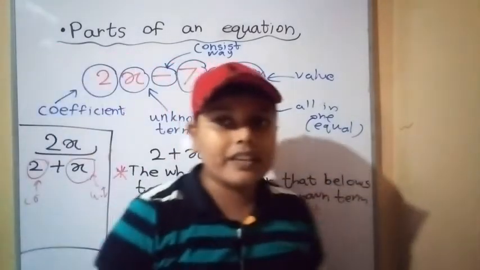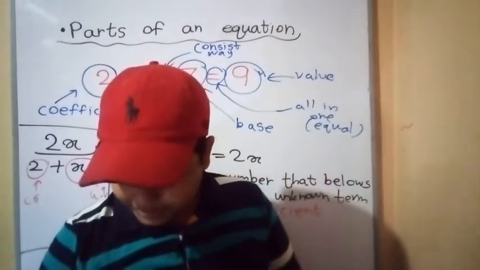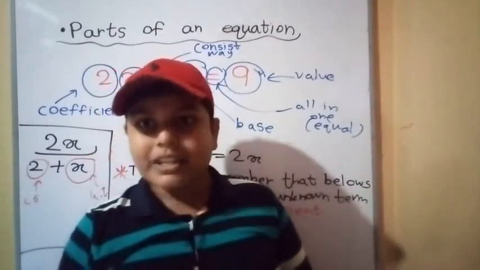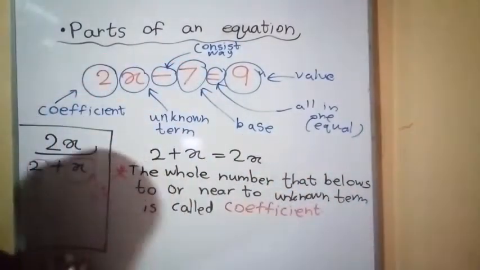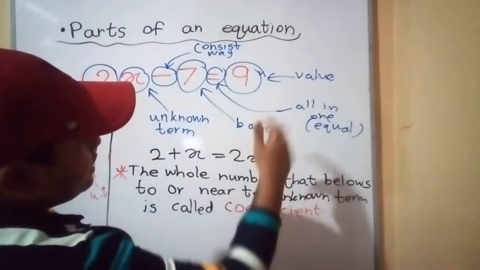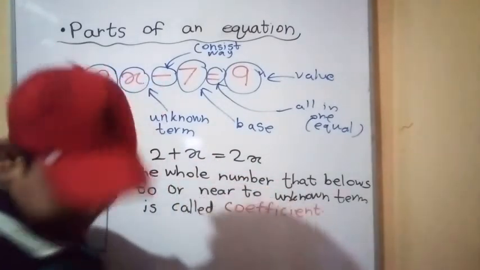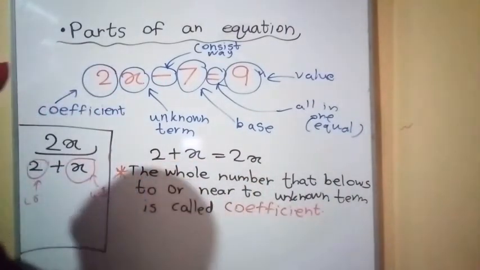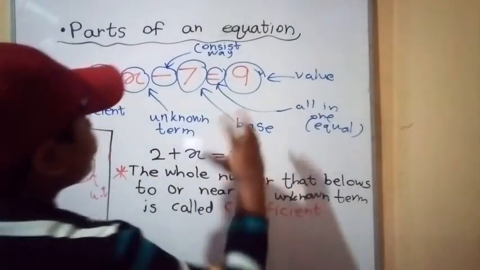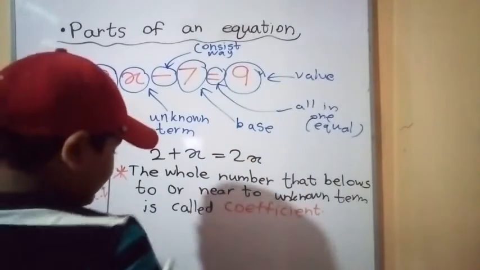The next topic is solving simple equations. In that I explained the base and the consistent way and this value that you want to know. I explain that again in solving simple equations. Now base is the main one of this, right?